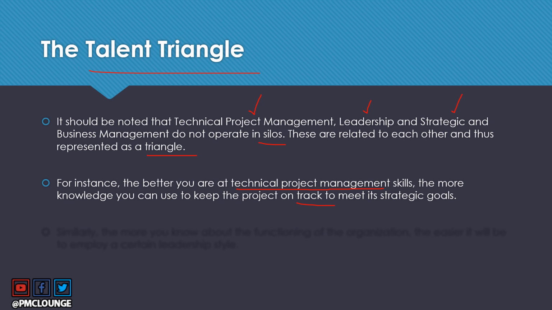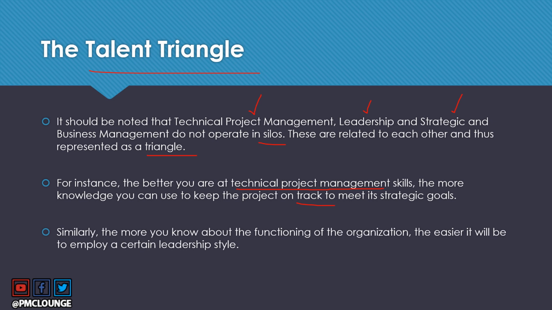The better you know about the different knowledge areas, the better you know about managing risks, the better you know about how to resolve dependencies and resolve issues, the better you will be in a position to make sure that the project is on track and the project meets its strategic goals.